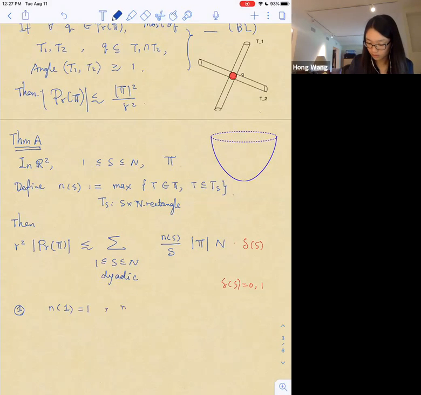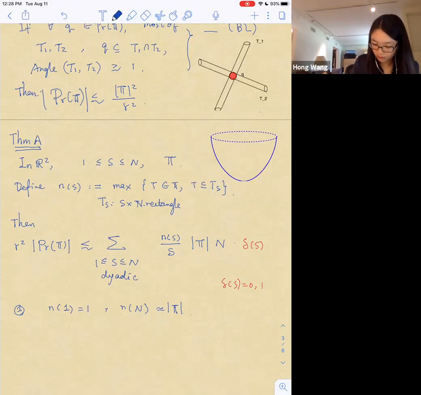When S equals capital N, the length of the tube, here if we assume that all tubes lie in a ball of radius N, then N capital N will be roughly the number of tubes, because we are interested in when all tubes are lying in a ball of radius N. Otherwise, we will have some better estimate.